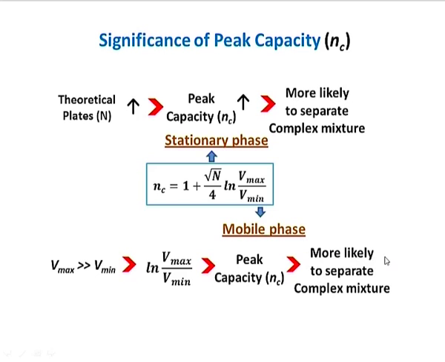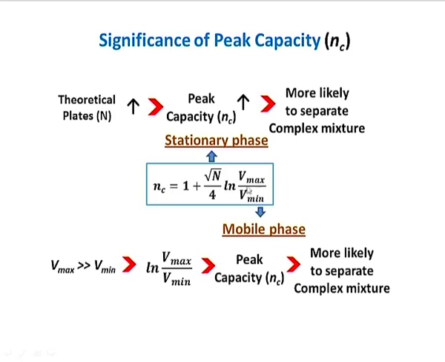Now, what does it mean? It means that, for example, for an average of 10,000 theoretical plates, you could devise a column having 10,000 theoretical plates, and let us say in that column the first component of your solute comes at 10 ml, whereas the last component comes at 500 ml, once 500 ml of solvent has passed.